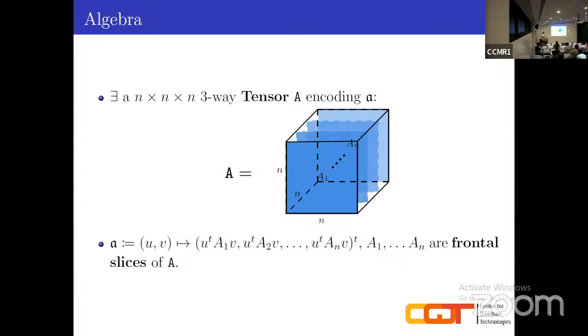For any pair of vectors u and v, it will map to a vector where each entry is u transpose A_i v.